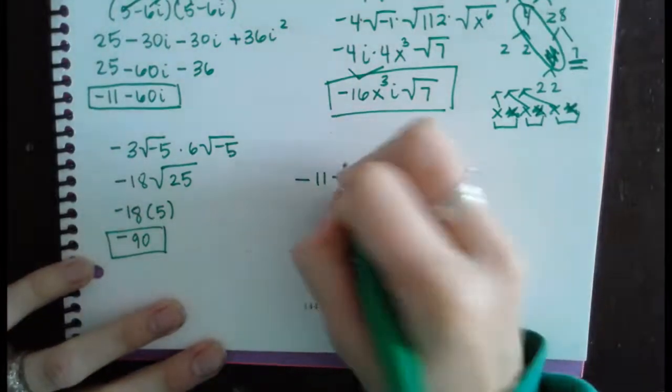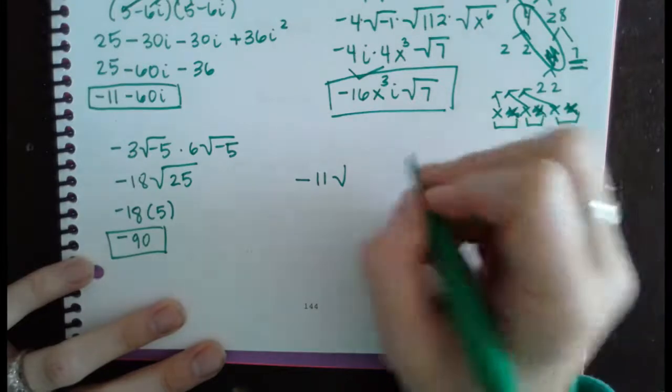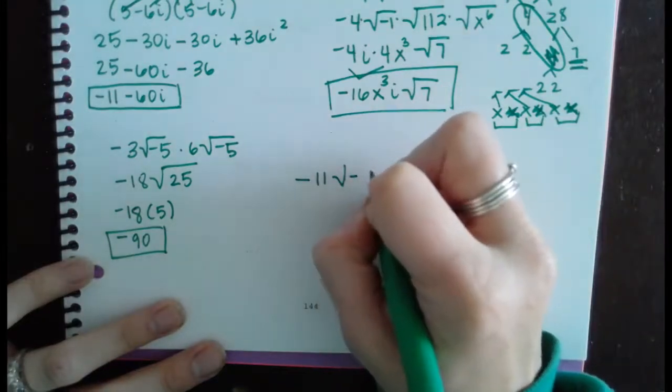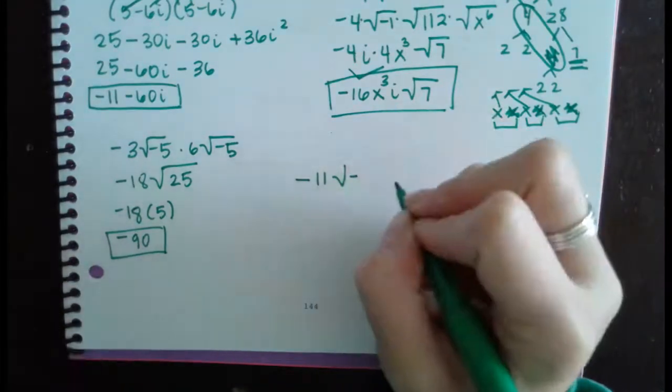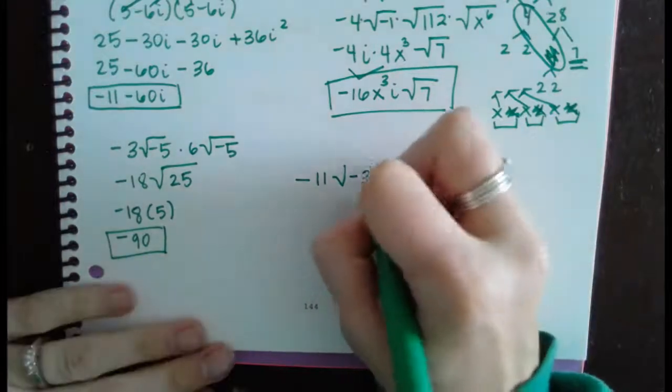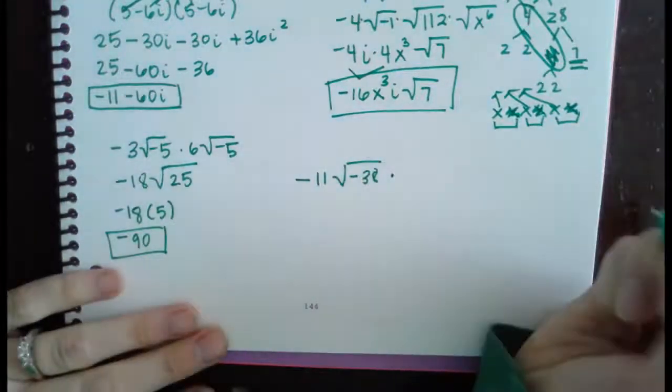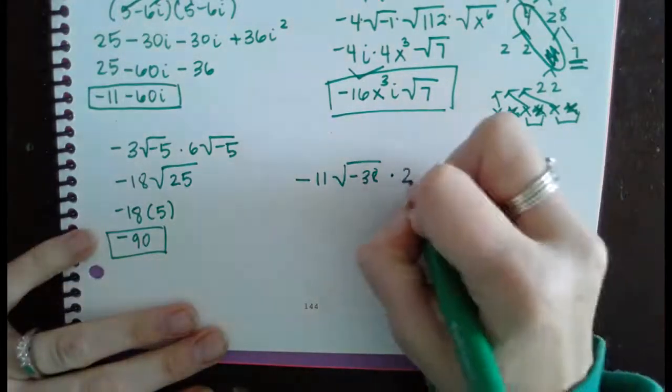Okay, multiply your leading coefficients. Negative 11 times 2 is negative 22. And then multiply underneath. So negative 38 times 18 is negative 684.